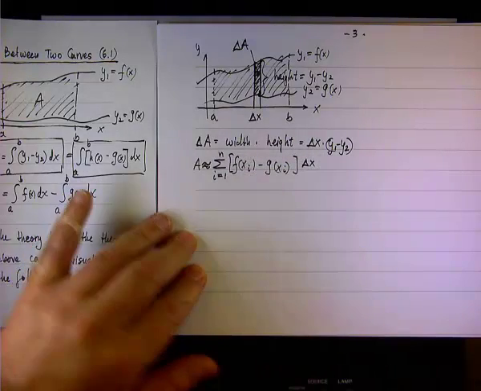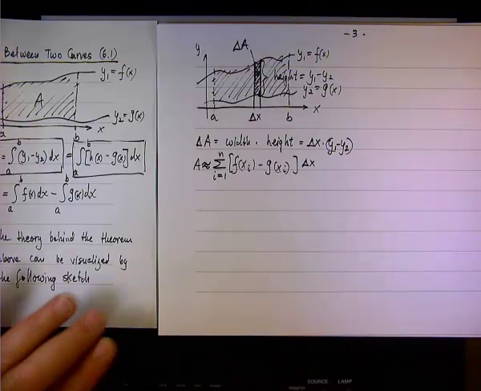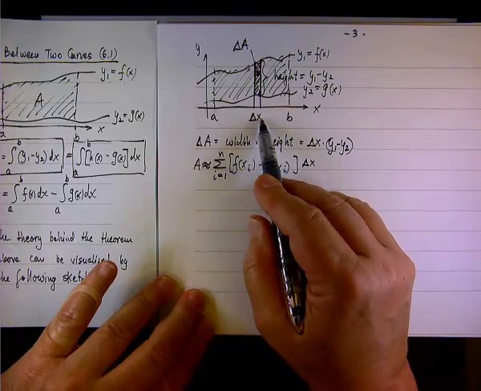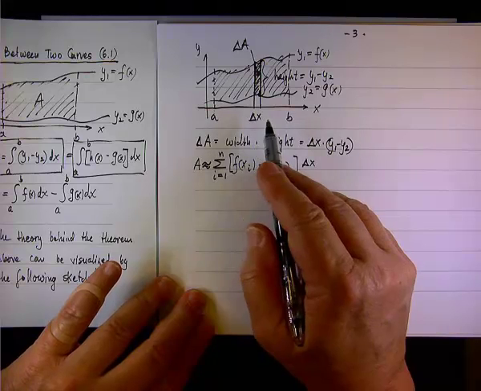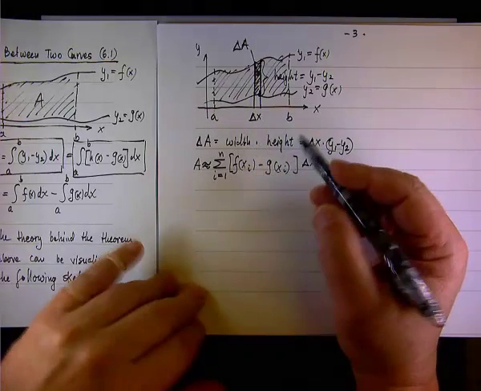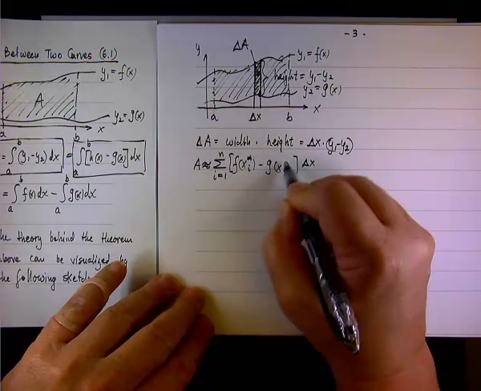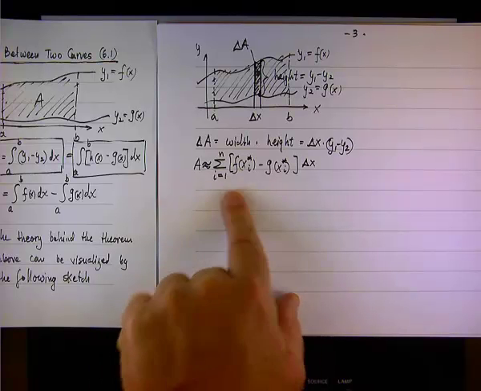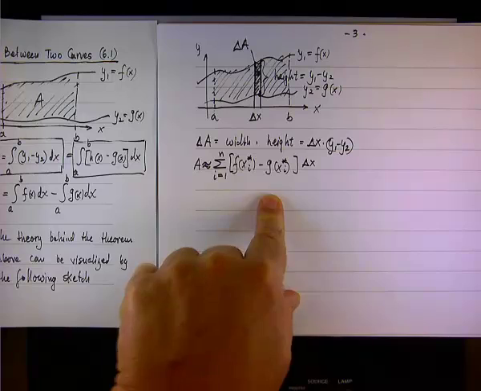Now, remember the definition of Riemann sum, we're going to take a value of x sub i that is inside each of these intervals delta x. They can be in the middle or anywhere in between, and we denote it by a little star, like so. So now we are looking at a Riemann sum of a difference between two functions. Okay?